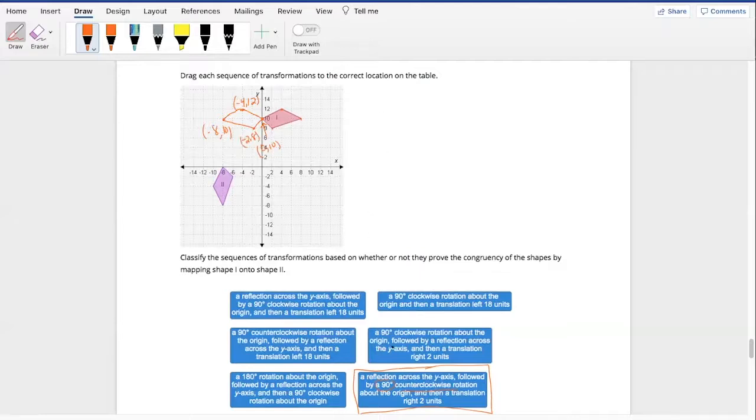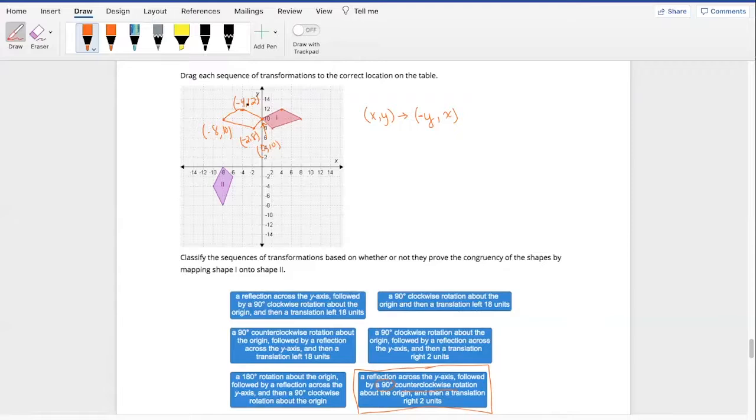Again, looking up that rule, 90-degree counterclockwise, our rule says that our ordered pair x, y, the x and y flip-flop, and the y value becomes the opposite. That can help me see where that new shape is going to end up.